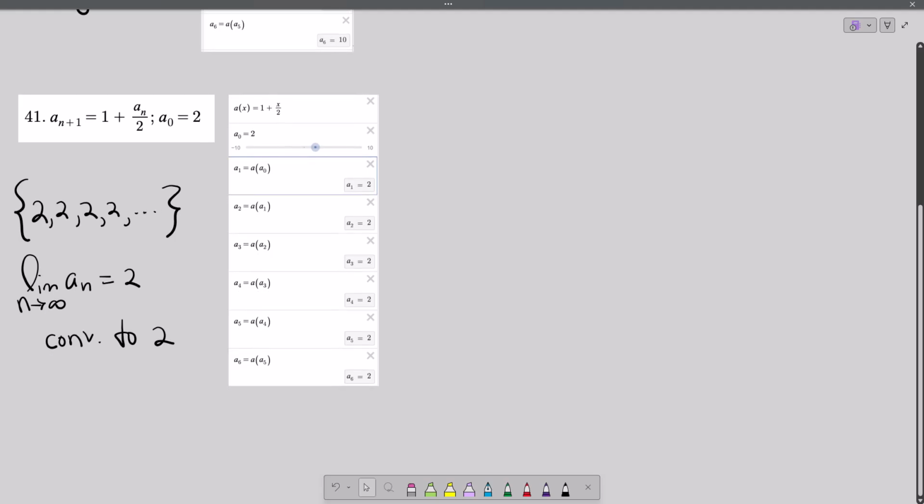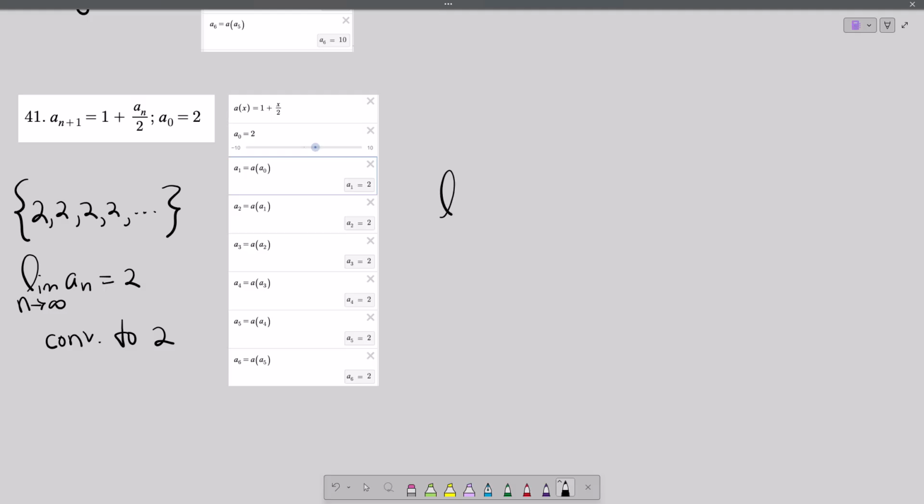Okay, now when you have a recursive sequence that converges, you can find what it converges to with a little trick.